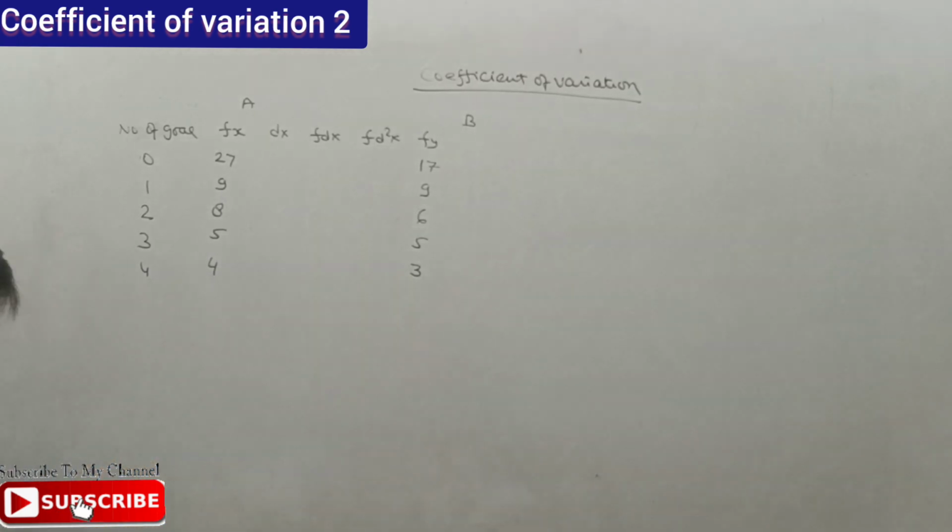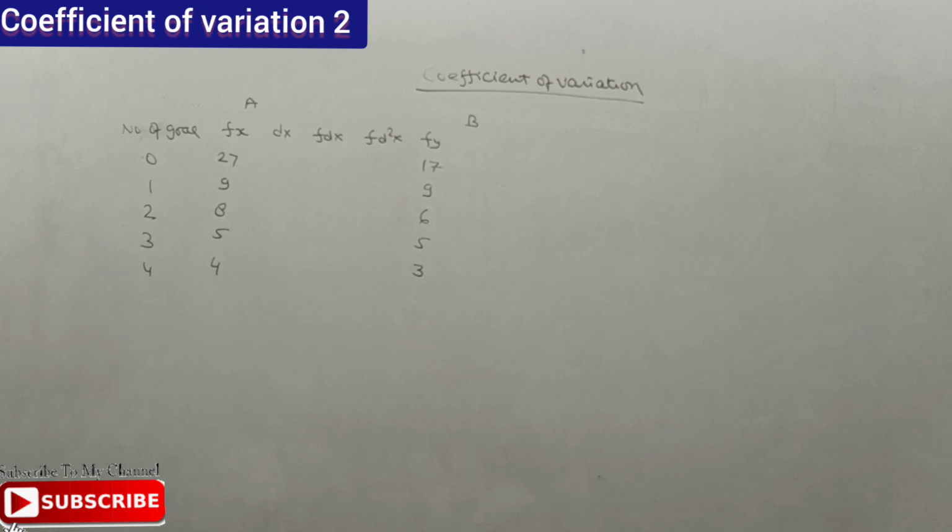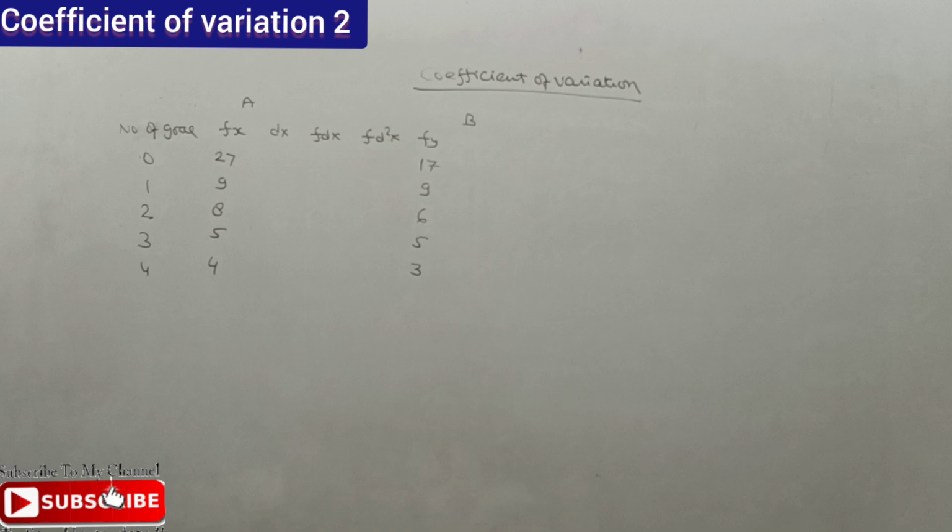The question is like this: goals scored by two teams A and B in a football season were followed. Number of goals 0, 1, 2, 3, 4. Team A scores 27 times 0 goal, 9 times 1 goal, 8 times 2 goal, 5 times 3 goal, 4 times 4 goal. Team B 17 times 0 goal, 9 times 1 goal, 6 times 2 goal, 5 times 3 goal and 3 times 4 goal.